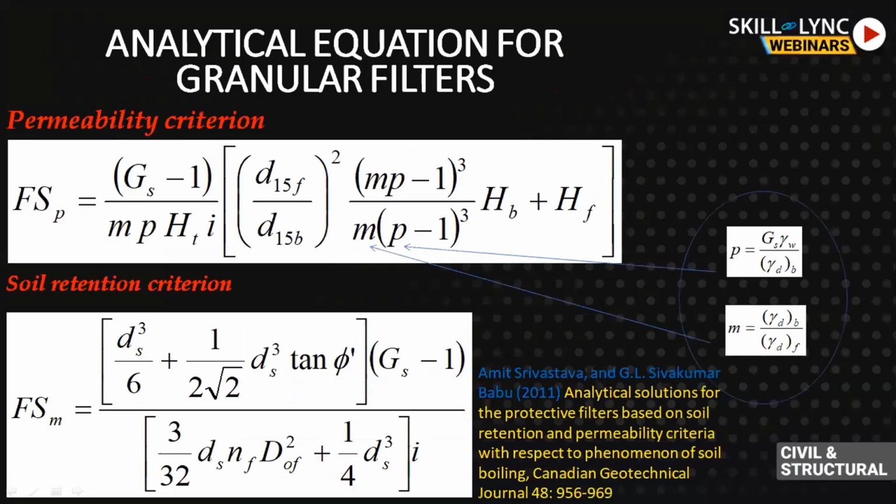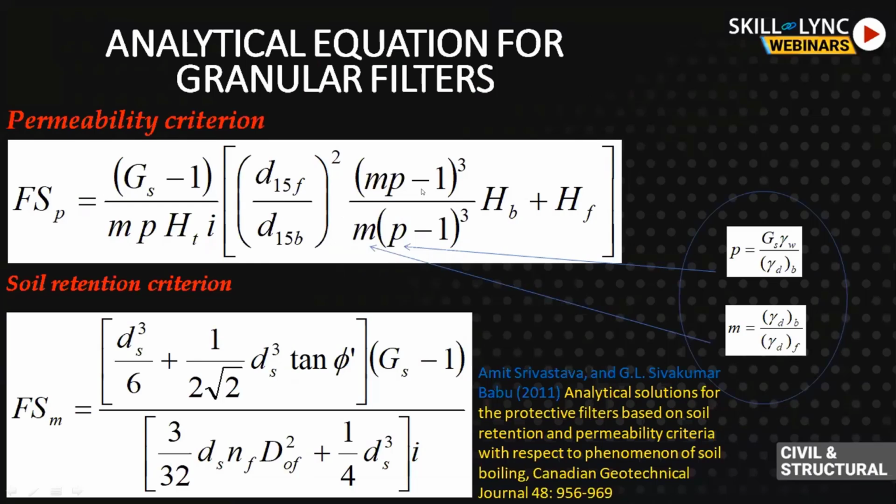So these two equations, I was very much impressed by these two solutions that were provided. I have given the reference. The work was published in the Canadian Geotechnical Journal, and you can see these two nice equations. This is the factor of safety against piping condition, and this is the factor of safety against particle migration. You can see how nicely it is given.